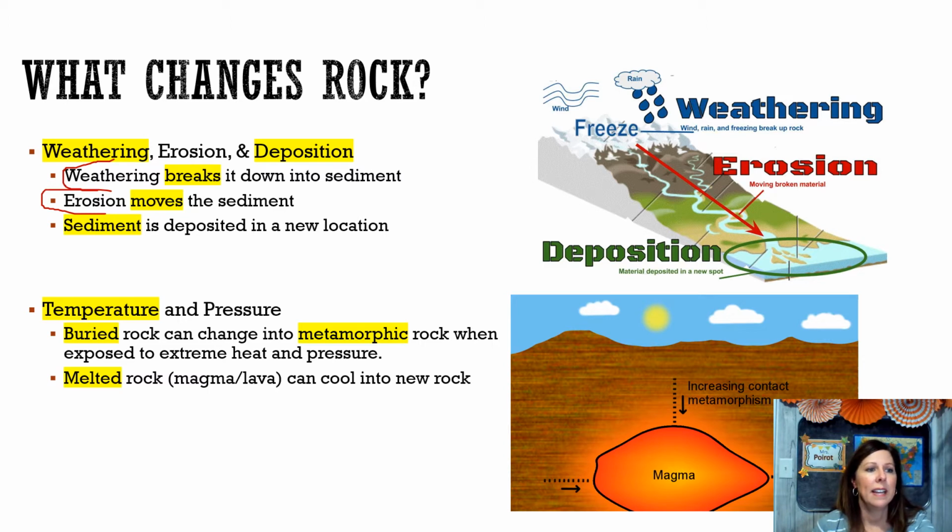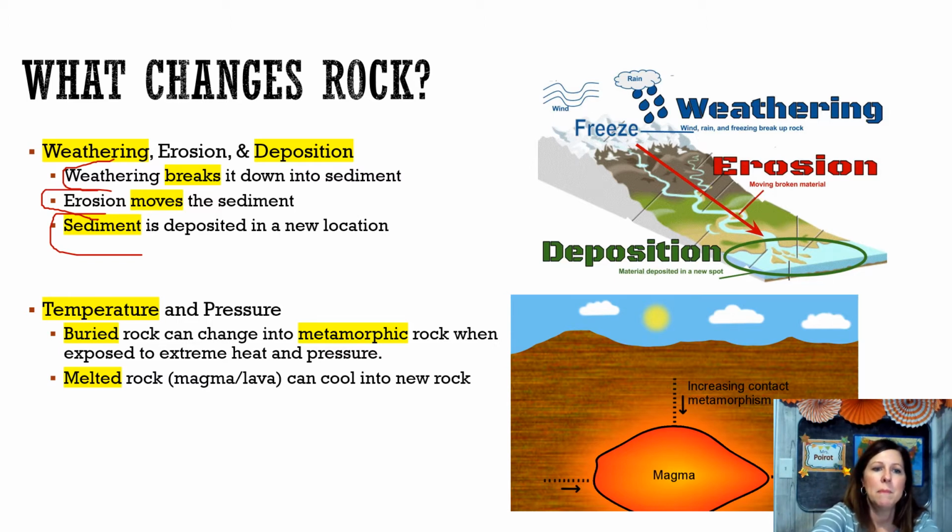Water, wind, ice, and gravity can erode the sediments. These sediments are usually deposited in a new location, lots of times near a body of water or another low-lying area. And the process by which sediment comes to rest is called deposition.